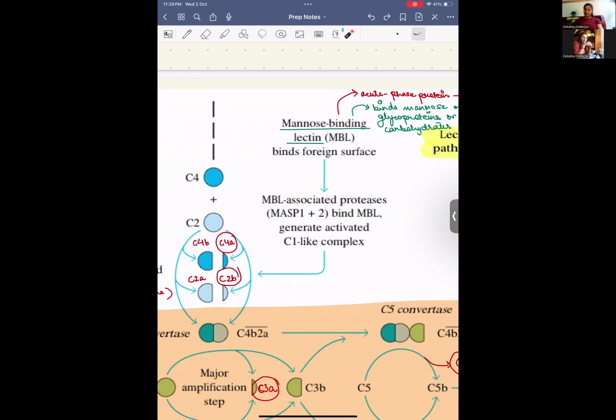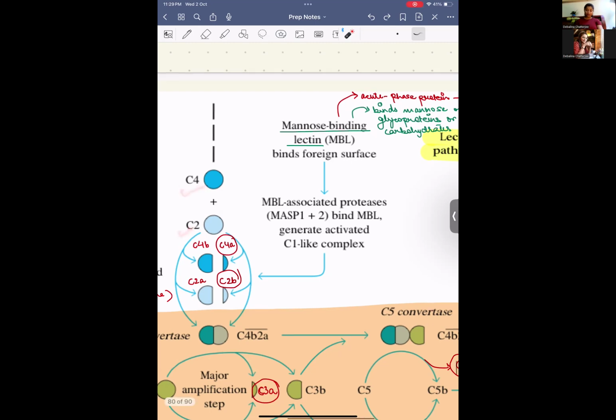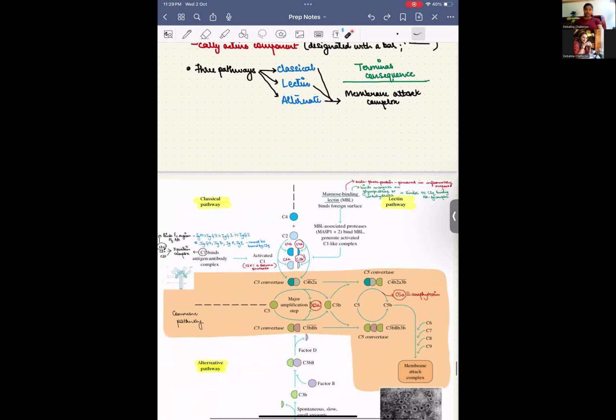Since there is a protease involved, protease means it's going to cleave something. So it's going to cleave the C4 and C2. If you look here, the cleavage of C4 and C2 and the eventual association of it into a C3 convertase. So the make of C3 convertase in your classical pathway as well as in your lectin pathway is the same.